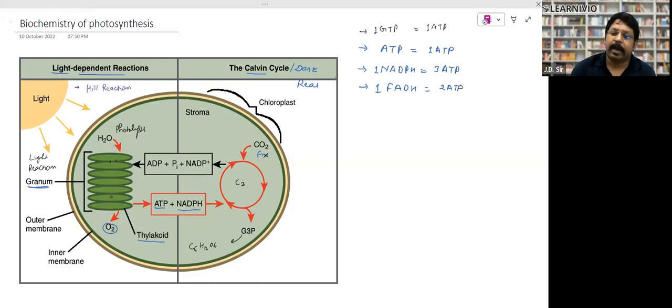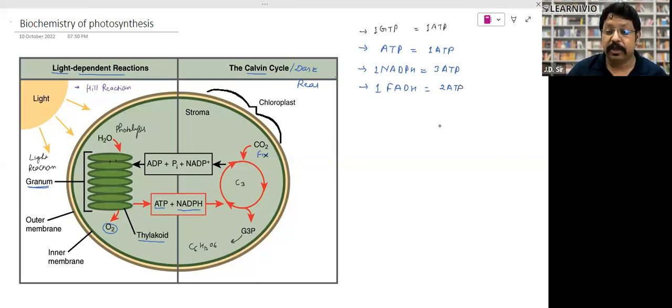It requires light. In absence of light, it does not take place. That's why photolysis takes place only in the daytime, right? Now, oxygen is evolved, and along with the oxygen, ATP and NADPH are produced. ATP and NADPH both are energy currency.